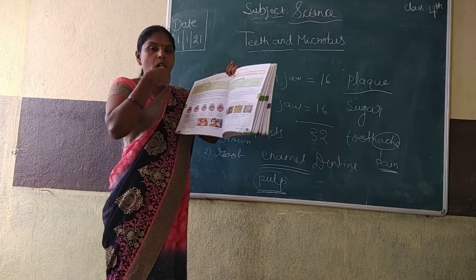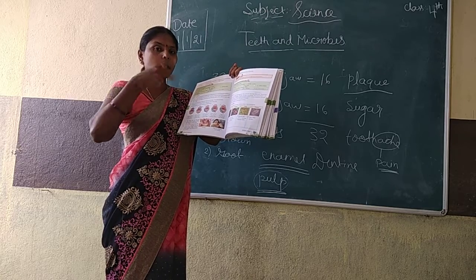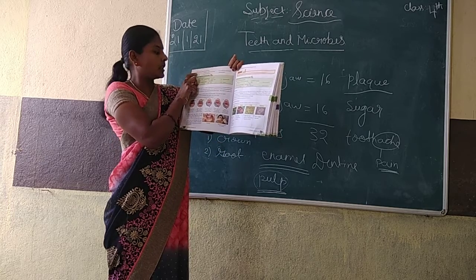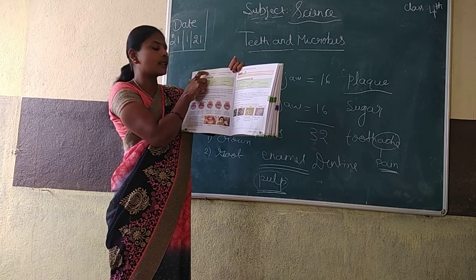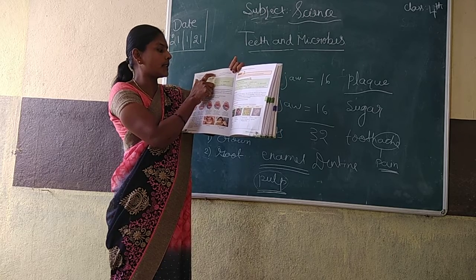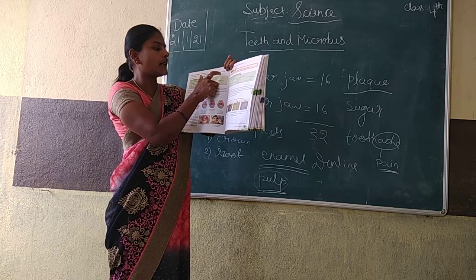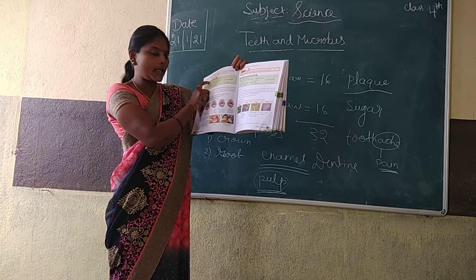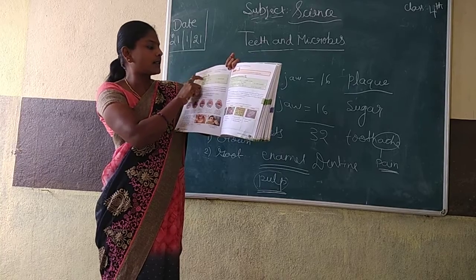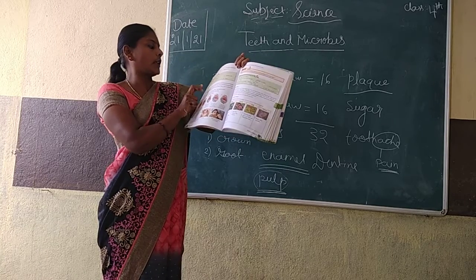Bleeding gums, blood will always come from the gums. That is bleeding gums. Understood? Tooth decay causes the following: toothache, holes or cavities in the teeth, foul smell from the mouth, loss of teeth, stomach disorders, bleeding gums. These are six. Understood? Okay.